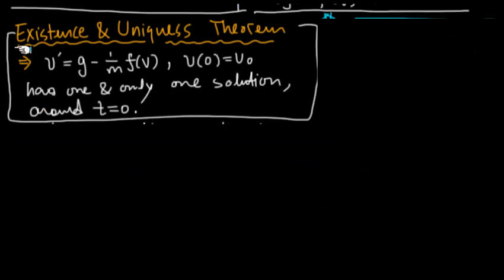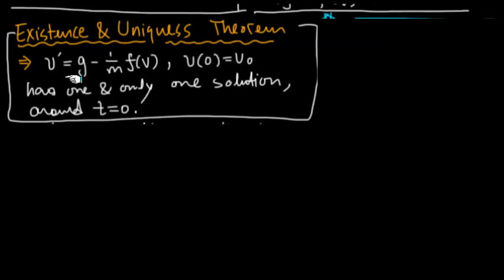Let me introduce a big theorem in differential equations, especially in the first course. This is cited a lot. I'm not sure it can always be proved or introduced properly in a first year course, but it is something you need to know. This is a first order nonlinear standard form differential equation with an initial condition.